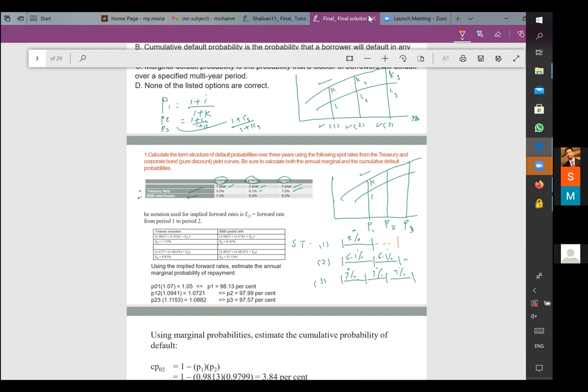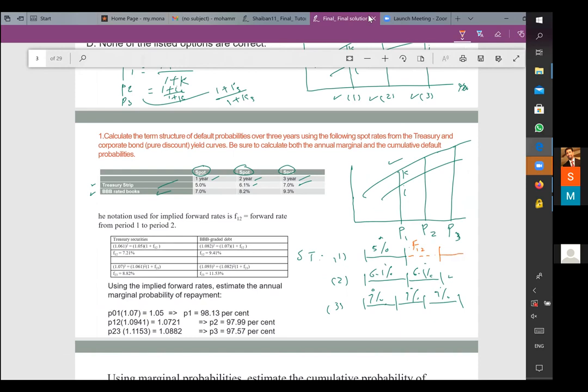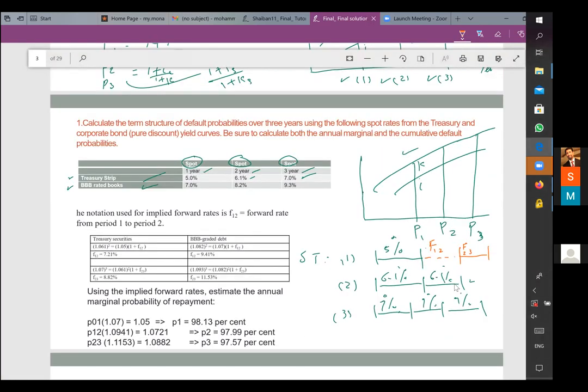For example, for year 2, I don't have the forward 1 for year 2, and I also don't have forward 2, which will be in year 3. Because if I have them, I can divide the forward over what I have calculated, and I can get the I2 and K2.